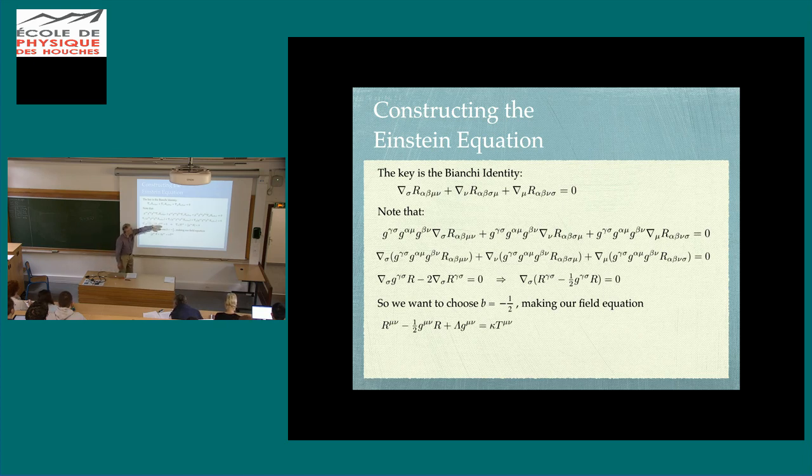If you work through the Bianchi identity, this term becomes just the curvature scalar. You can see that I'm summing over beta and nu, and over alpha and mu. So this term just becomes the curvature scalar, and I've got this factor left over. These two other terms become two factors of the Ricci tensor, if I rename indices, and that's equal to 0.